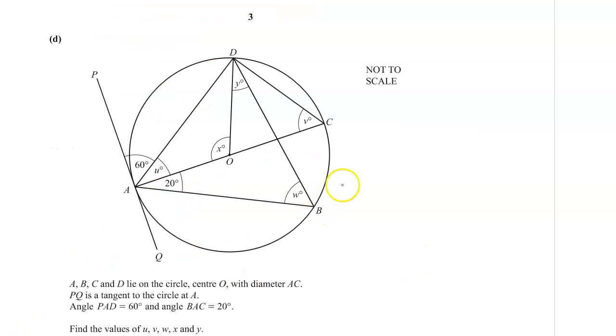Part D. A, B, C, and D lie on the circle center O, with diameter AC. PQ is a tangent to the circle at point A. Angle PAD is 60, and angle BAC is 20.